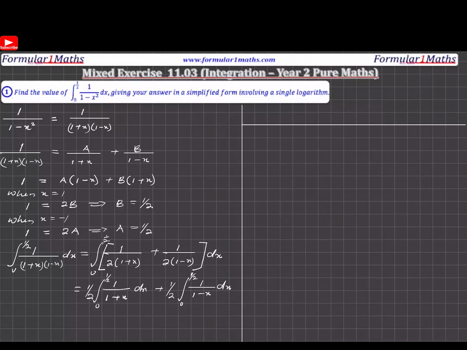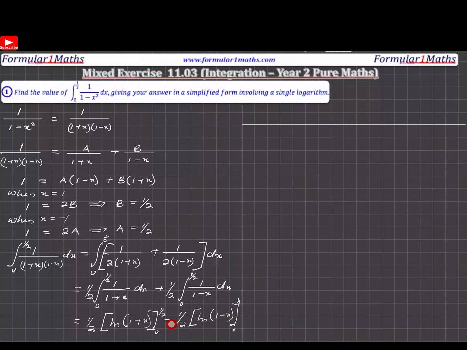Then if I integrate this, I'm going to get half ln 1 plus x, I put my limits in, minus half ln 1 minus x, and my limits go in.